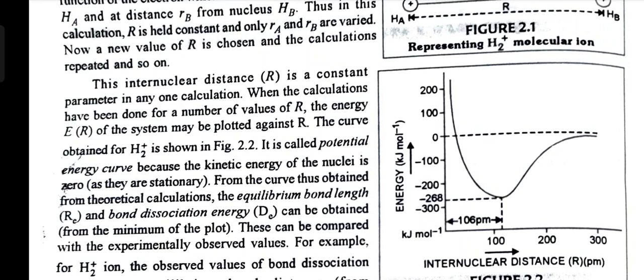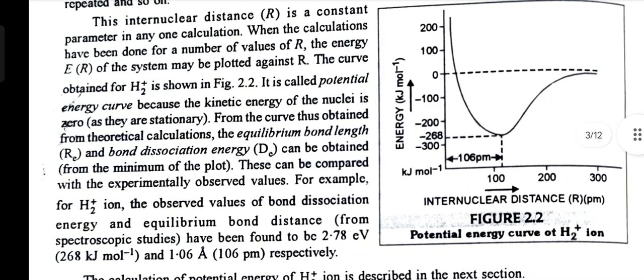When the calculations have been done for a number of values of R, the energy E(R) of the system may be plotted against R. The curve obtained for H2+ is shown in figure 2.2. It is called the potential energy curve because the kinetic energy of the nuclei is zero. From the curve thus obtained from the theoretical calculation, the equilibrium bond length Re and bond dissociation energy dE can be obtained from the minimum of the plot.